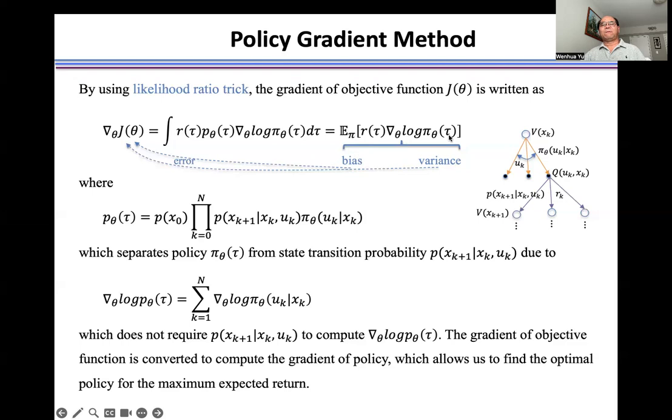Because we sample along a trajectory, we don't need to worry about the bias, because the bias is zero. This procedure is unbiased. However, if we sample along a trajectory, we will have a big variance. In this topic, we introduce the baseline to reduce this variance.